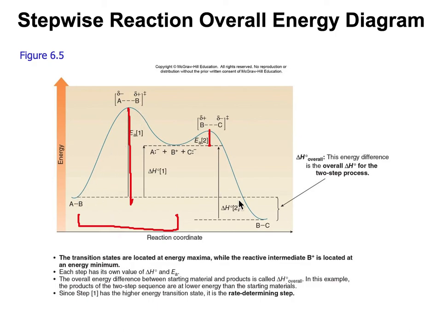We also know that the difference between the energy of the starting materials and the energy of the products is a negative value. So then this reaction will be exothermic. And we know that we have an intermediate right here. And so this intermediate sometimes will be higher up, sometimes will be lower. It depends on how stable that intermediate is.